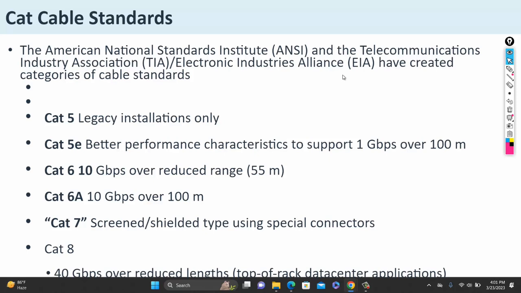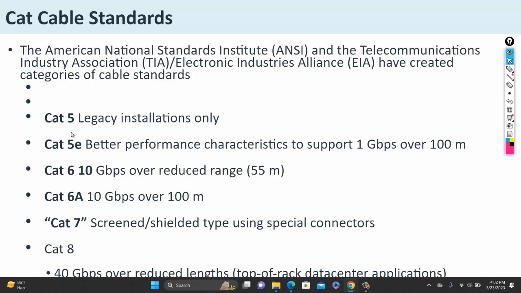These have created the categories of cable standards: CAT 5, CAT 5E, CAT 6, CAT 6A, CAT 7 and CAT 8. So what is the benefit of CAT 5? CAT 5 is legacy installation only. When you are working at 100 Mbps, the 100BASE-T system, then you can use this CAT 5 cable.